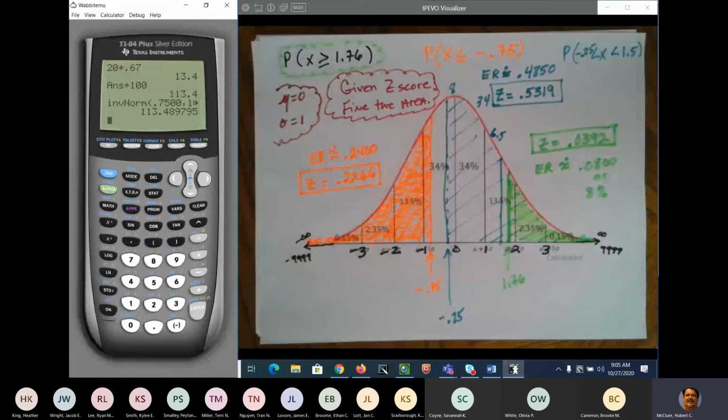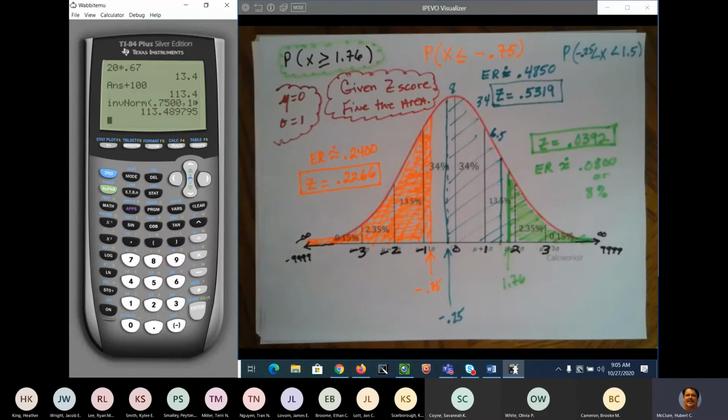They're going to ask you less than, greater than, or in the middle. And it is a z-score, and they're giving you a z-score and you're giving them an area.